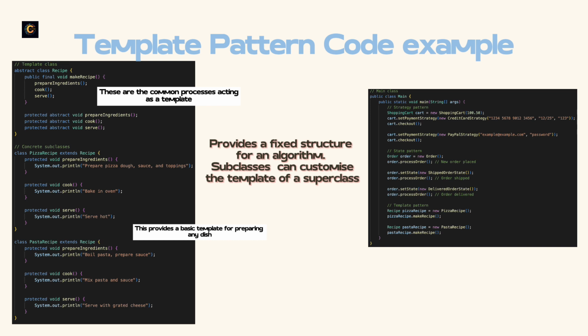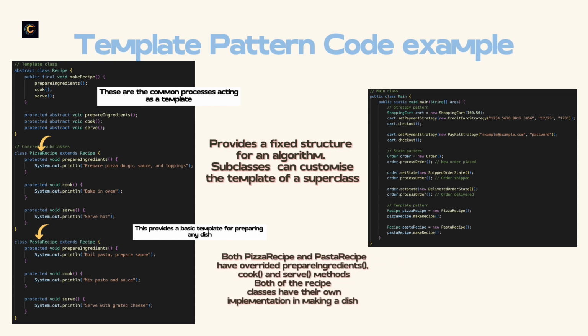In the example, both pizza recipe and pasta recipe follow the same basic steps outlined in the recipe class. Also, they provide their own implementation for preparing ingredients, cooking, and serving based on the specific dish which is being made. That's it. Now, let's talk about the differences between these patterns and their pros and cons.